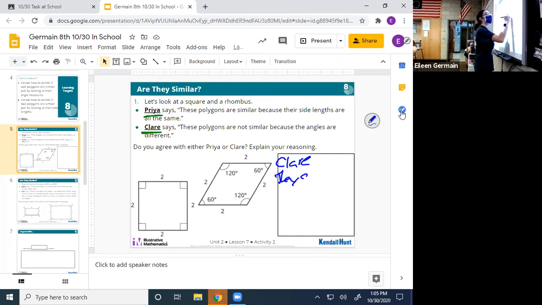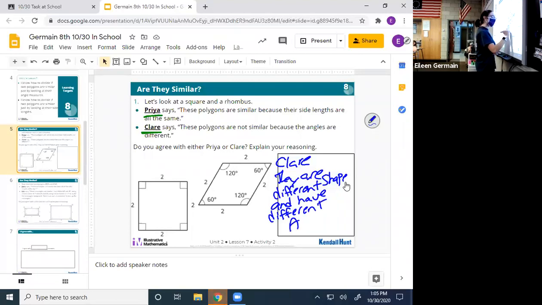They are different shapes and have different angles. So we're saying that shapes cannot be similar if they have different angle measures.